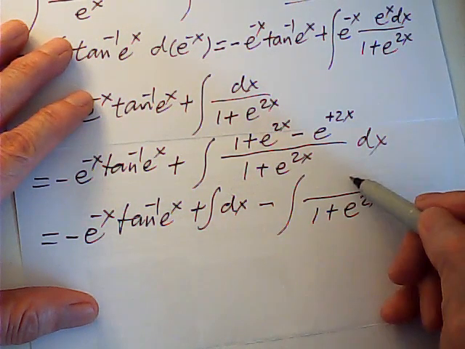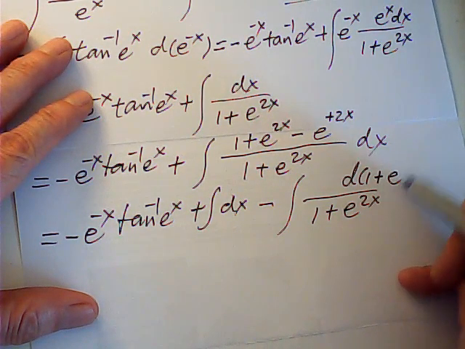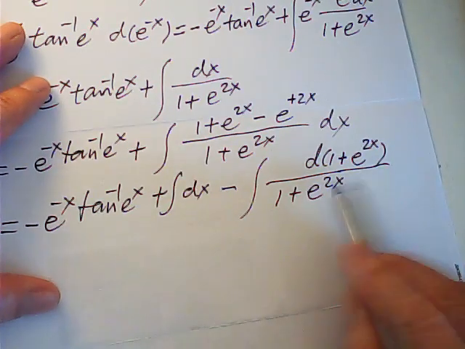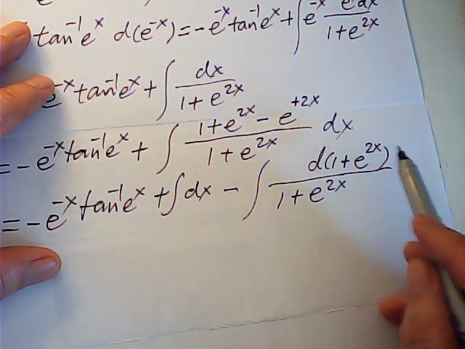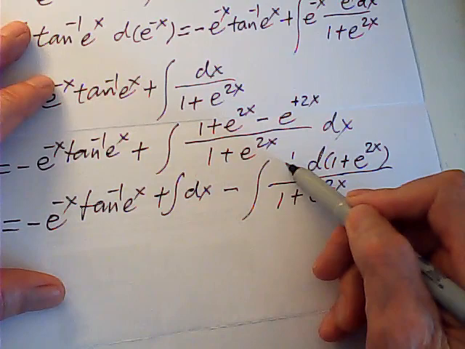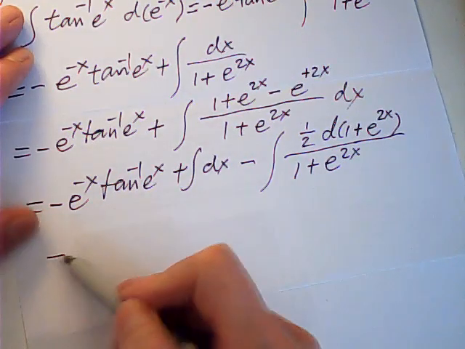This one I can write as 1 plus e to the 2x. This derivative is e to the 2x times 2. I don't have 2 here, so I multiply by 1/2 here. So the result is done.